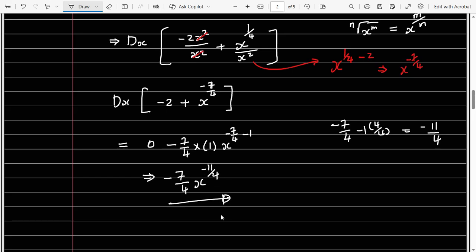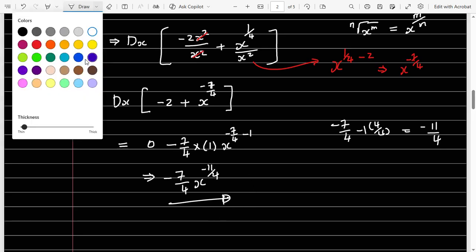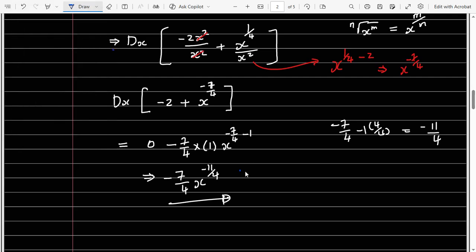You can just leave it like that, or you can choose to write that as a positive exponent. So when I say positive exponent, you can write this answer as minus 7 over 4x to the power 11 over 4. But if you don't understand what is going on, just stick to that solution.